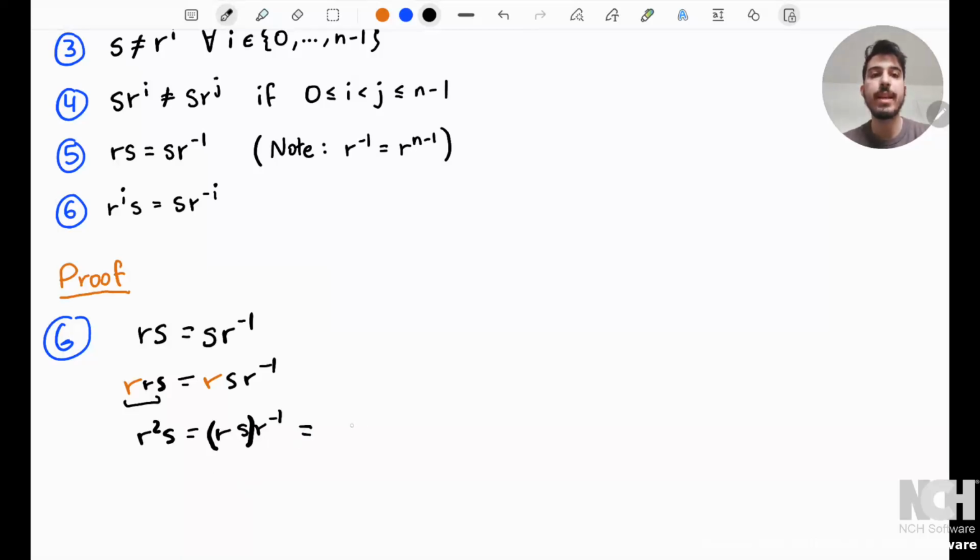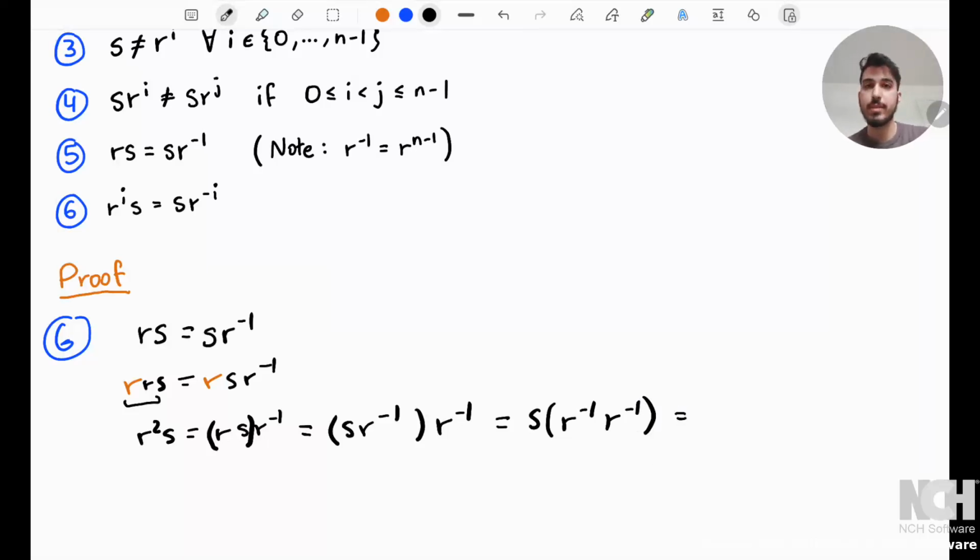So this gives us S R minus 1, R minus 1, and then we use associativity again to change the order in which we work with the elements. R minus 1, R minus 1, and by the exponent rules, that gives S R minus 2. So we just proved that R squared S is equal to S R minus 2.